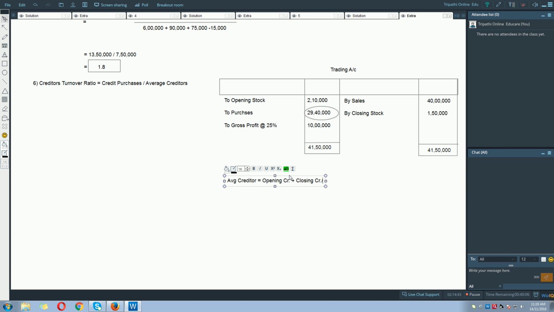Now this thing you will have to subtract. You'll have to subtract the debit side item, that is 41,50,000 minus 2,10,000 minus 10 lakhs. So it is 29,40,000. So we can say to purchases, 29,40,000.